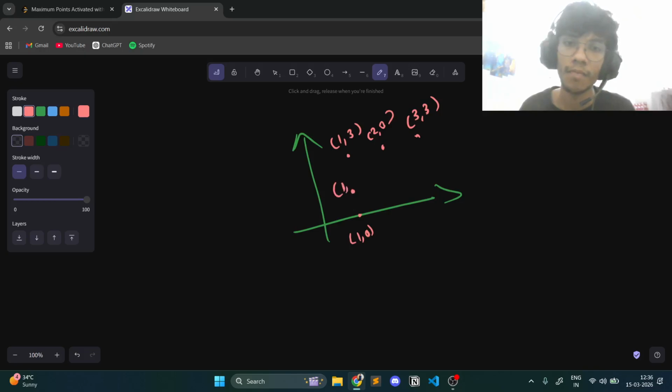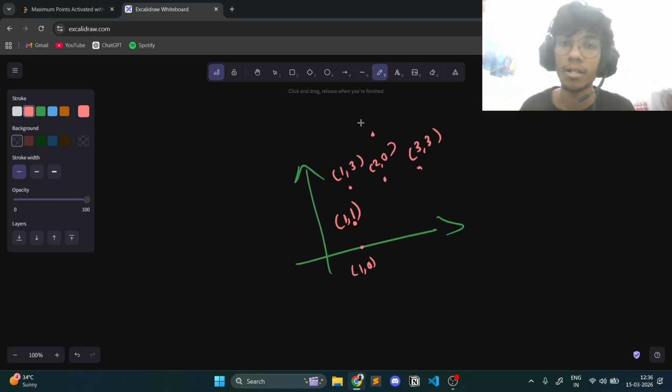This is 1 1, this also becomes activated, and this 2 4 also becomes activated, because this is activated and they share the same x coordinate. So ultimately all these coordinates become activated.